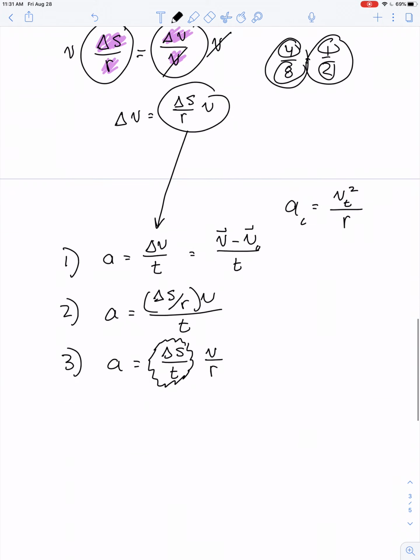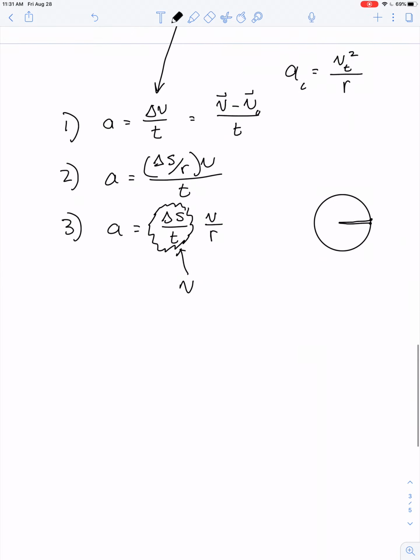So let's imagine the object that goes around in a circle proceeding from this point and advancing ever so slightly to this point. Then this delta s over t would be nothing more than the instantaneous velocity. So in step 4, now we have the acceleration is equal to v times v over r, which of course is v squared over r.